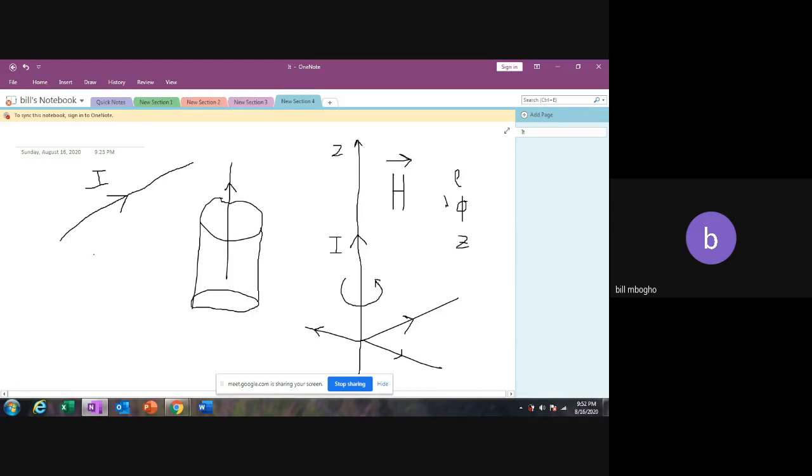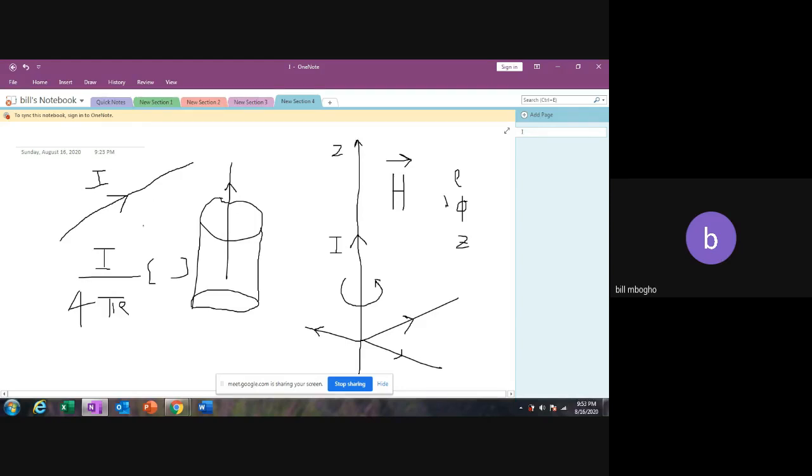For a finite line, it's usually something like I over 4 pi rho times cos alpha 1 plus cos alpha 2.